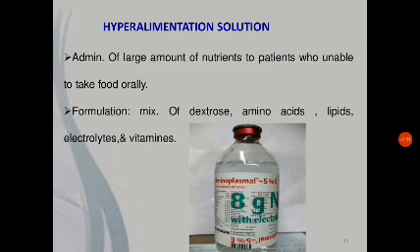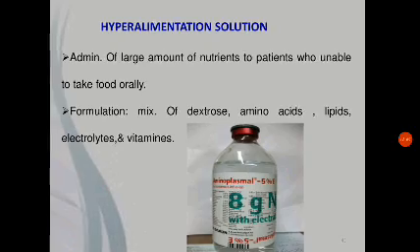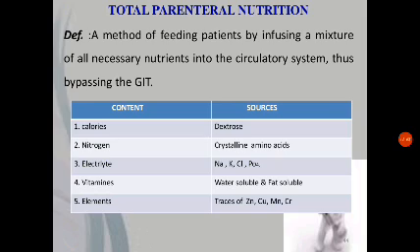So hyperalimentation generally contains dextrose, amino acids, electrolytes and vitamins. This is the commonly used TPN formulation. It generally contains dextrose, the nitrogen source is amino acids, and electrolytes sodium, potassium, chloride are also there.